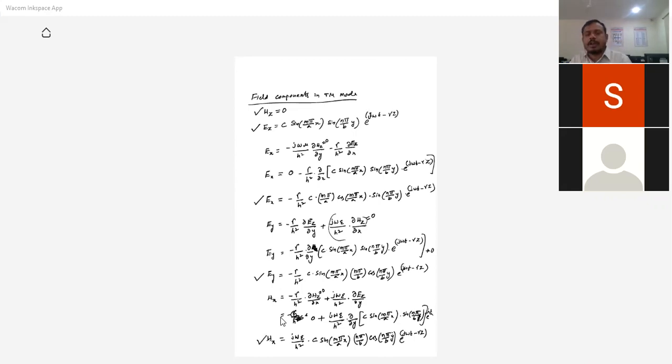This is the equation for Hx. In the same way, you can write the expression for Hy also. Note down up to this point.